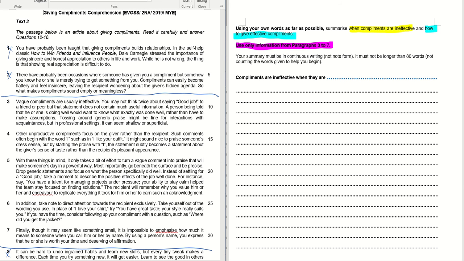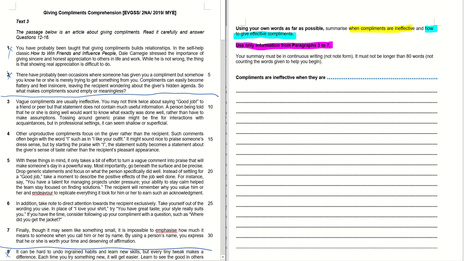You are supposed to find points that answer the question. So AS, what does S stand for? S stands for select points which answer the question. Let's read line by line. Vague compliments are usually ineffective.